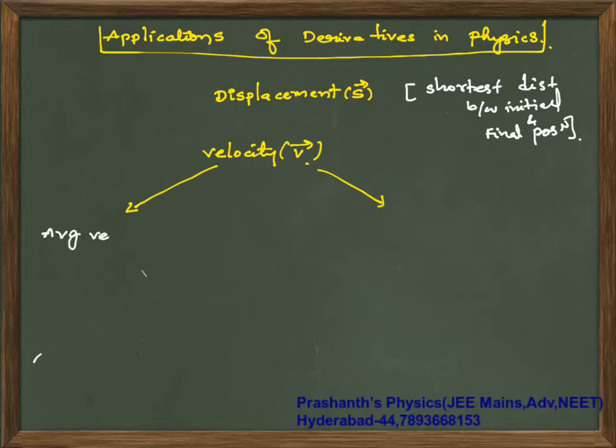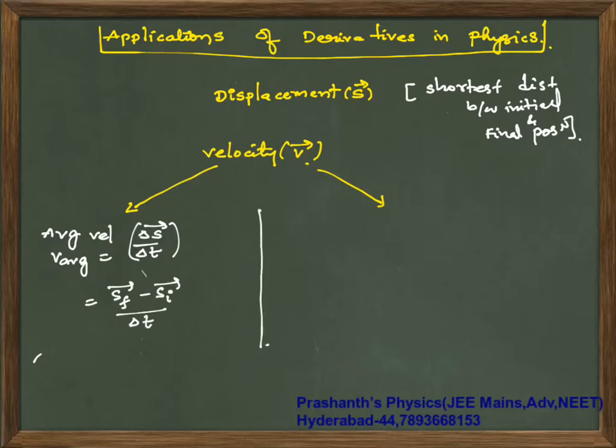One is average velocity, represented by delta s bar by delta t, which is your v average, which is equal to final minus initial displacement by time. And coming to instantaneous velocity, it is ds bar by dt. So in velocity there are two types of velocities.